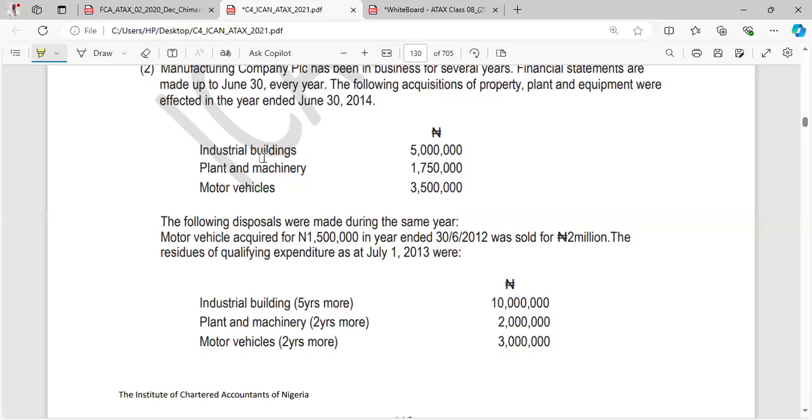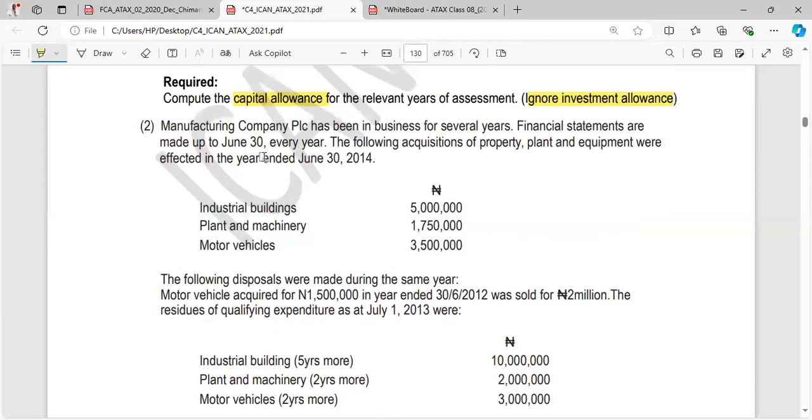In our next class, we'll see how we solve capital allowances on a normal basis where we now do a restriction or where there is no restriction, as in the case of this manufacturing company. Then we'll also look at one that has disposal, so you will see balancing charge or balancing allowances inclusive.